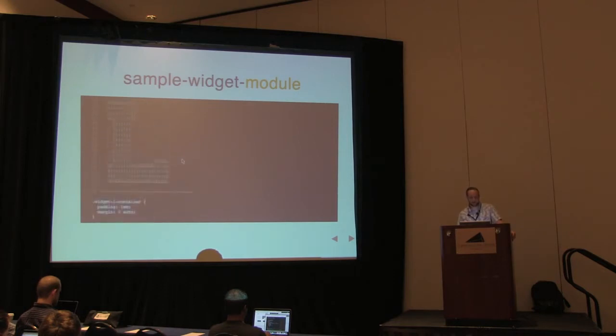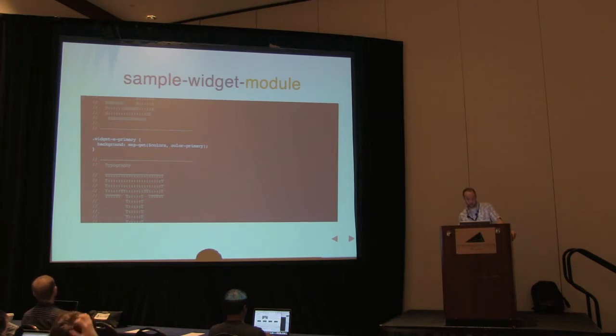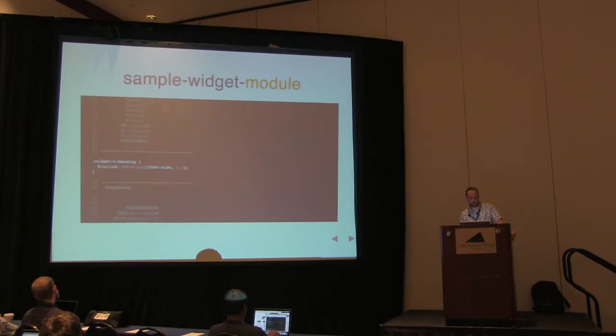So here's an example of a layout selector. We've got our widget layout container with some layout code. For our skin, we've got our widget skin primary, setting the background to a map-get on the colors map and getting the color primary. For our type, we're using our rem sizing mixin, getting the font size and setting it to 4 rem, right? And it's a widget T heading.